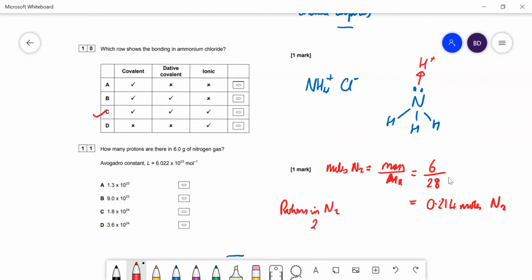Now, how many protons in 1 molecule of N2? You've got 2 nitrogen atoms, each have got 7 protons, so it's equal to 14. So the number of protons is, we're going to multiply this by the number of moles, so 14 times 0.214, and then multiply that by the Avogadro constant.